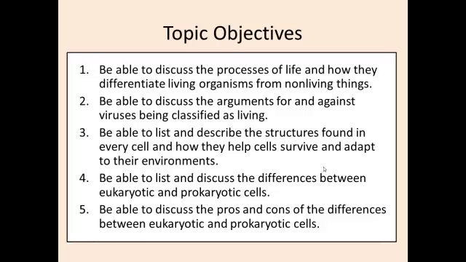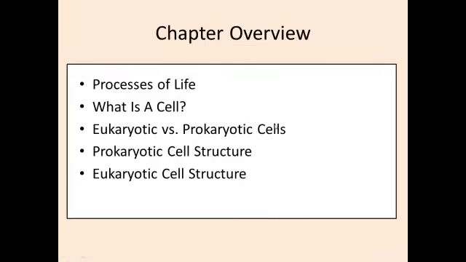In the exam information folder on Blackboard, I'll have a study guide which has all of the learning objectives for the chapters that will be covered on the exam. Next, I'll have an overview of either the chapter or the topic.